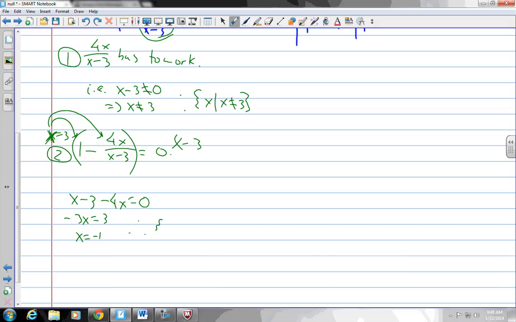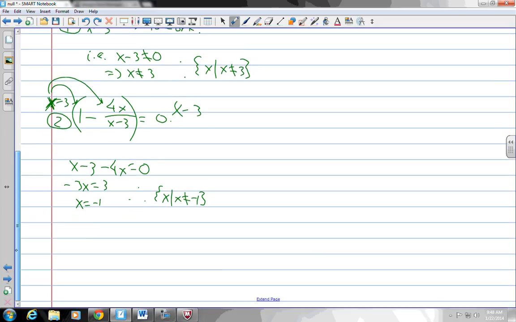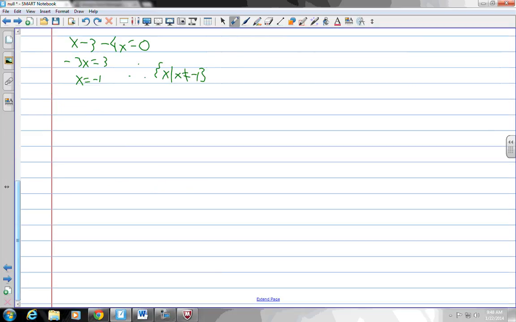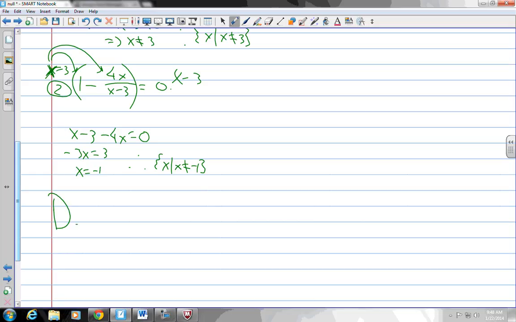So therefore, the domain of this entire function, in this case, we're actually taking the intersection of both sets. So x cannot equal negative 1, and x cannot equal positive 3. Right? So the domain here: x cannot equal negative 1, x cannot equal positive 3.